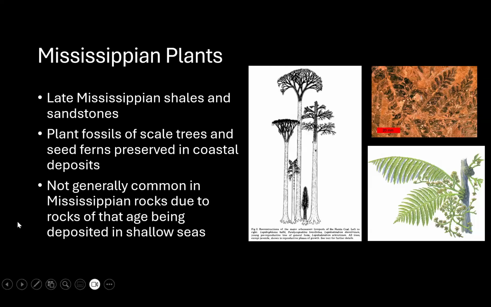But we do still have some left behind. It's just a little bit harder to find. Primarily, we're going to be seeing these scale trees and seed ferns. And like I said, we'll talk in depth about what these are here.